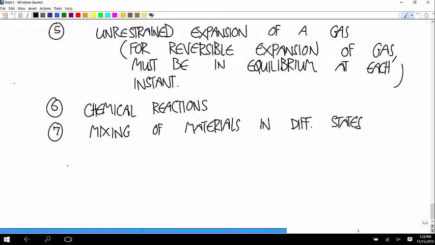So, back to the Kelvin-Planck statement, the mathematical Kelvin-Planck statement.